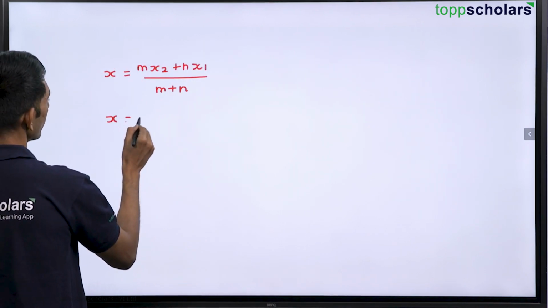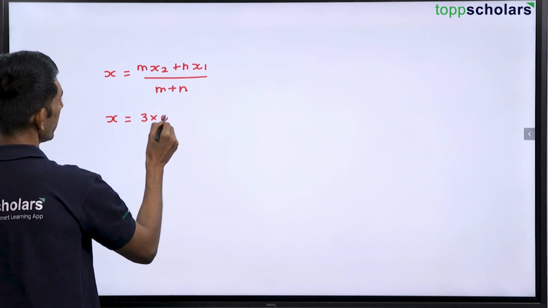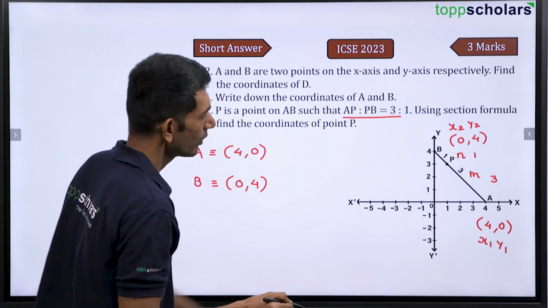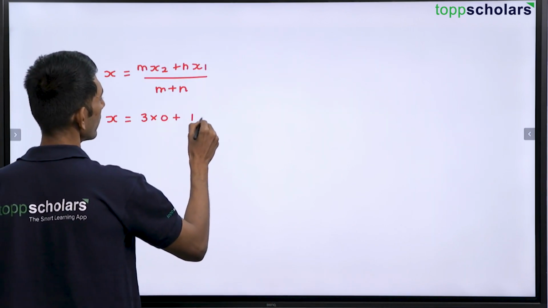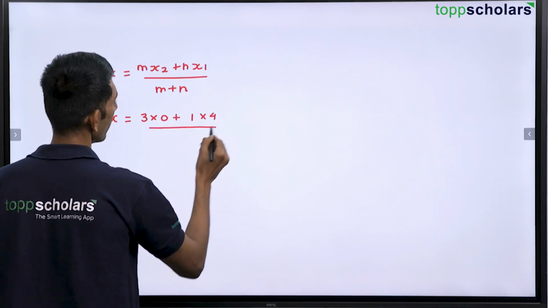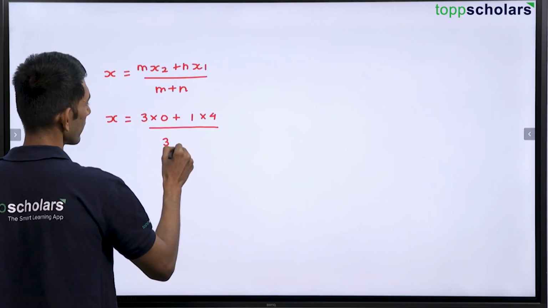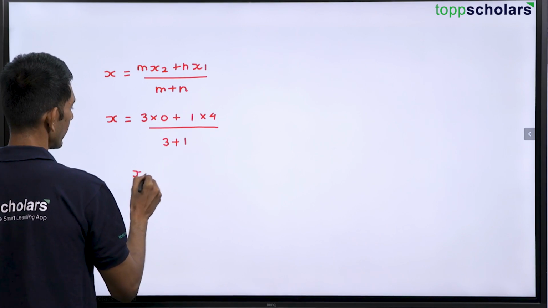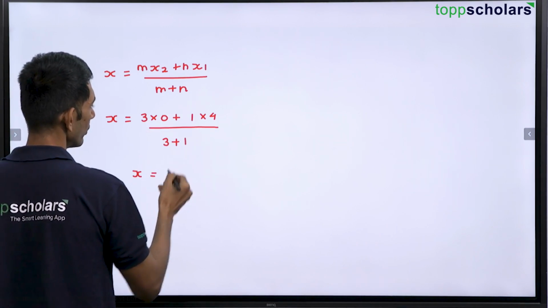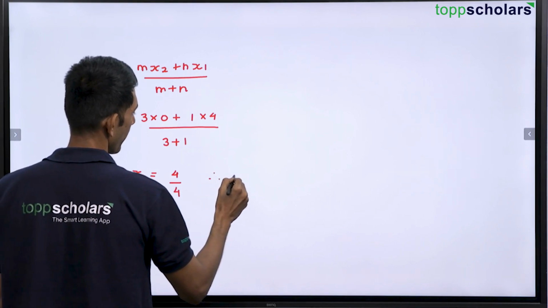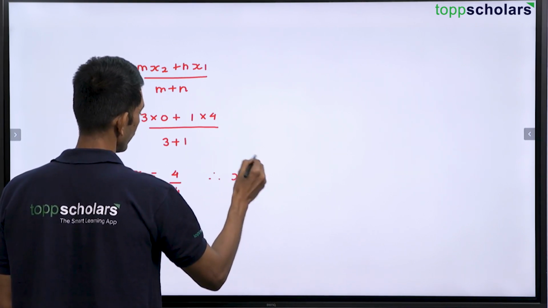So x is equal to 3 into 0 plus nx1. N is 1. 1 into 4 by m plus n. M plus n is 3 plus 1. So can I say x is equal to 3 into 0 is 0, 4 into 1 is 4 by 4. Therefore x is equal to 4 by 4 is 1.